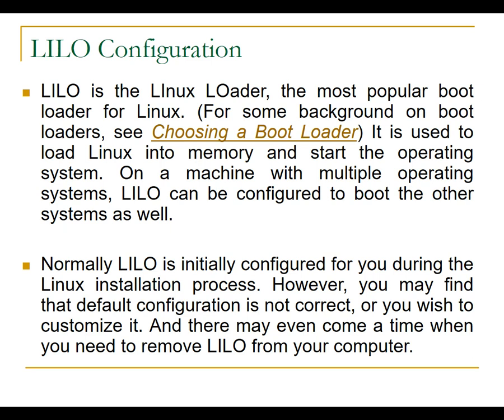However, we may find the default configuration is not correct, and suppose we wish to change anything in the Linux configuration, or rather the Lilo configuration, then we can change it by visiting the specific drive and the folder available in the configuration folder.